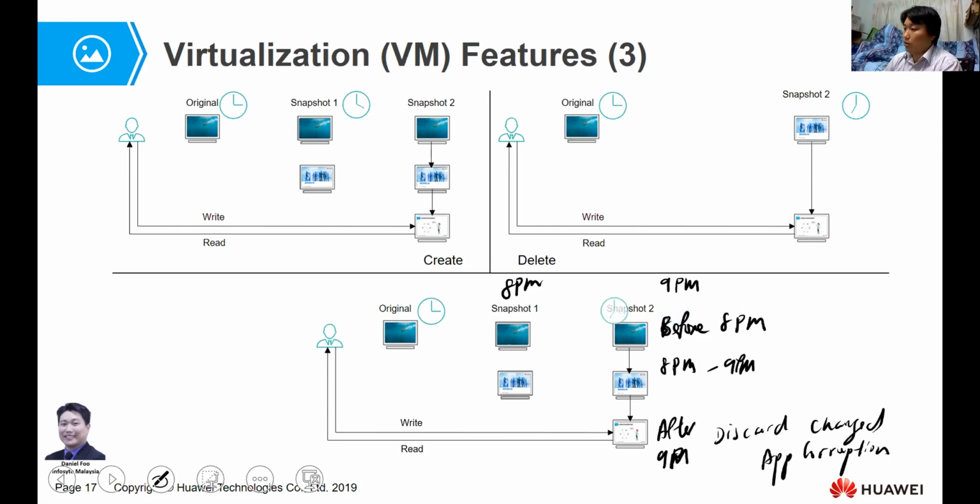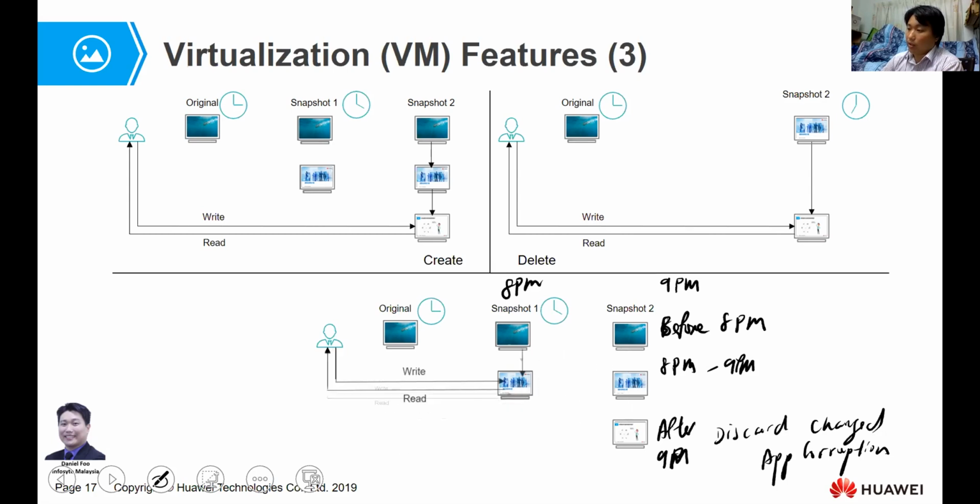So now I would like to do a restore. I will resume the virtual machine to the 8 p.m. snapshot, rolling back the data that has changes after 9 p.m. to the data used between 8 p.m. and 9 p.m. So I am doing a restoration to the before 9 p.m. state, discarding the changes here.